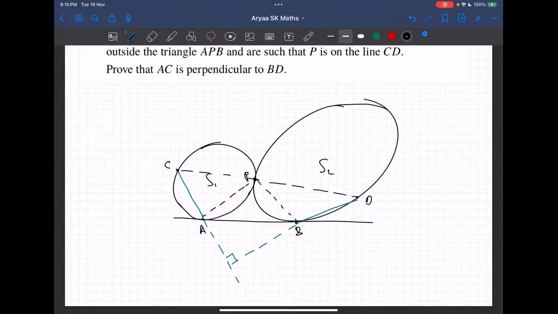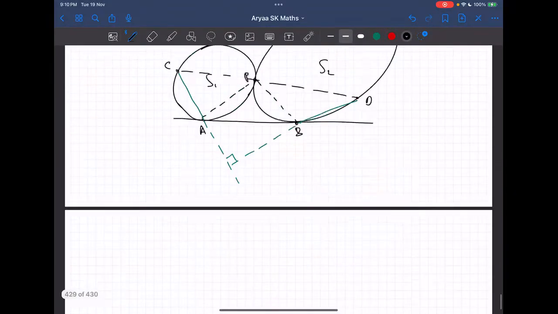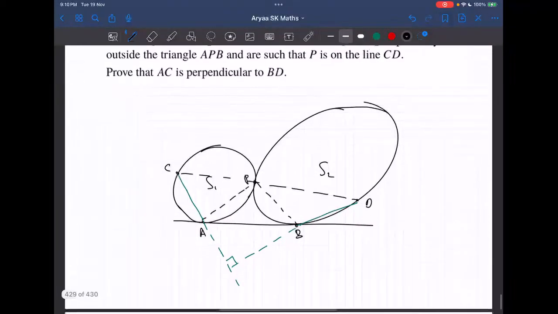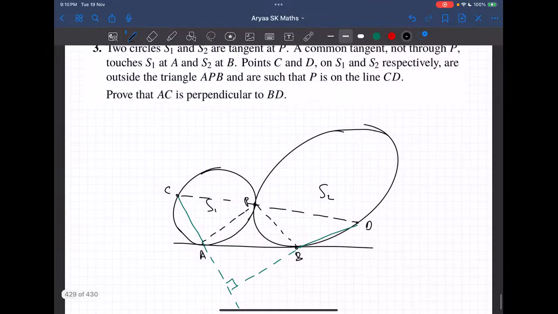Okay, how can we prove this? Well, this is weird, isn't it? I'm thinking we should just try to use circle theorems in this question. What are my first thoughts?